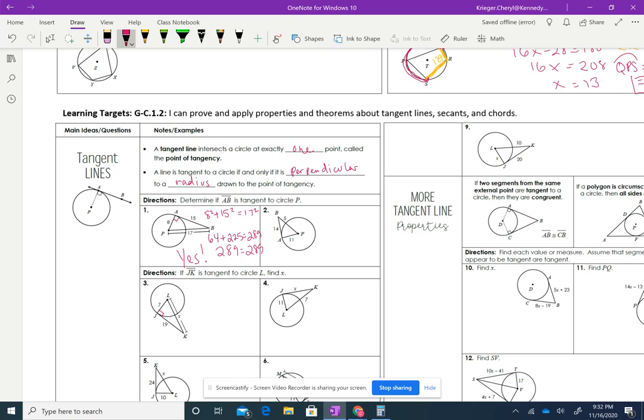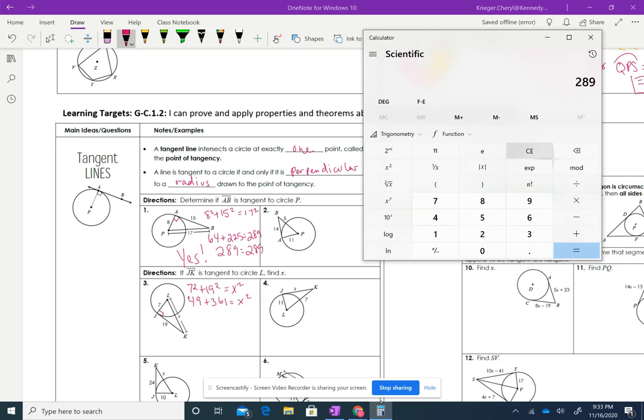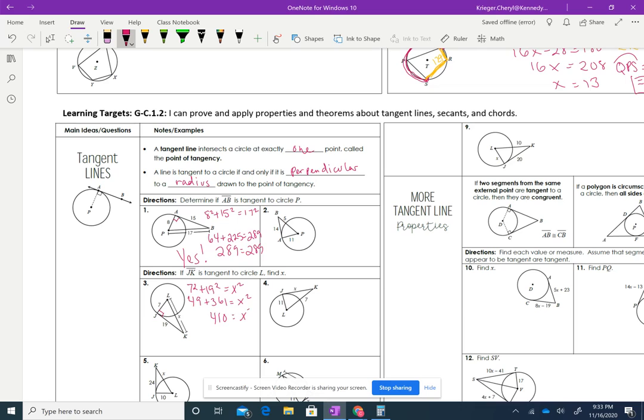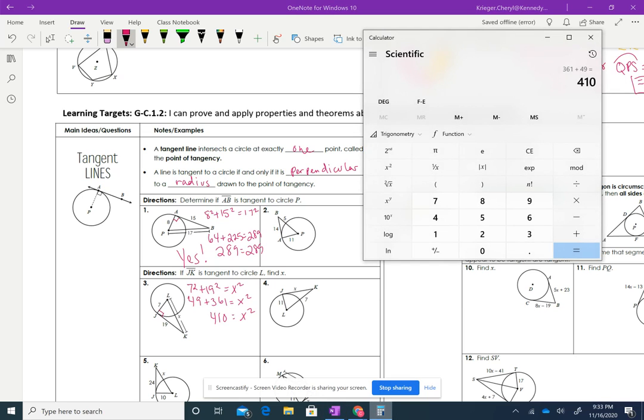So we do the same thing. x is my hypotenuse, so I'll say 7 squared plus 19 squared equals x squared. 7 squared is 49. 19 times 19 is 361. 361 plus 49 is 410. 410 equals x squared. So x is the square root of 410, 20.248. So I'm just going to say 20.2.